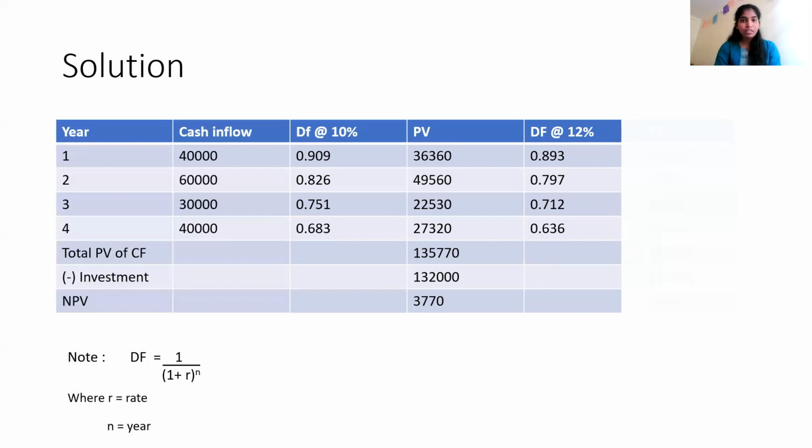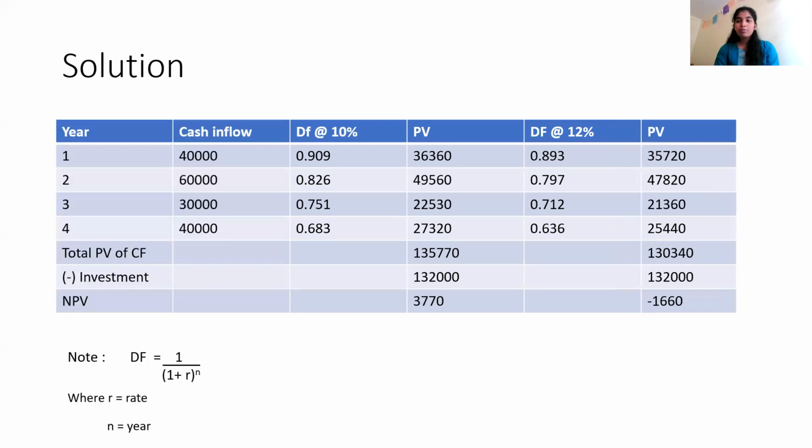After this, again, you'll be multiplying cash inflow into my discount factor at 12%. So it'll be 40,000 into 0.893, 60,000 into 0.797, 30,000 into 0.712, 40,000 into 0.636.